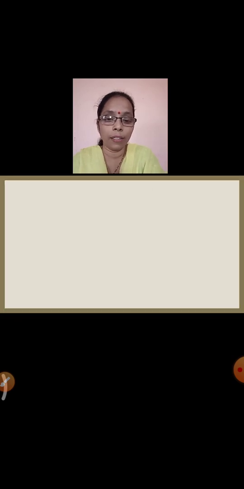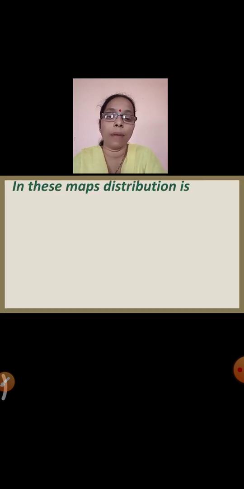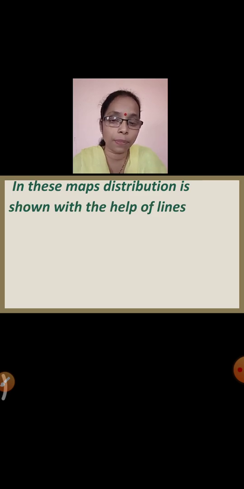Now we will be learning what are isopleth maps. So in isopleth maps, you will find that distribution is shown with the help of lines. Like as we have learned previously, in the dot method, the distribution is shown with the help of dots. In choropleth method, distribution is shown with the help of shades and tints.